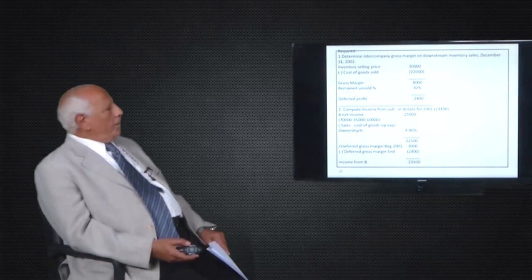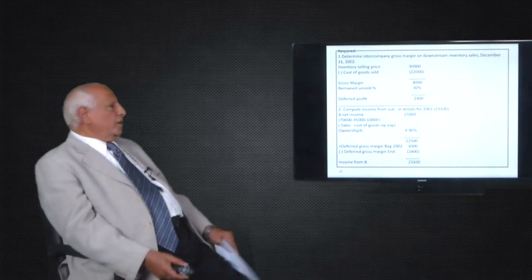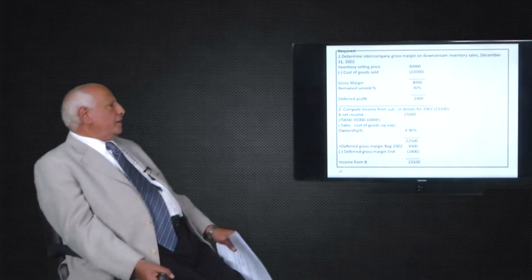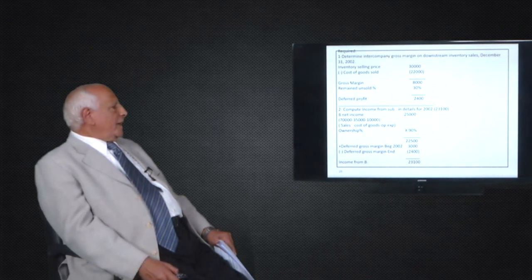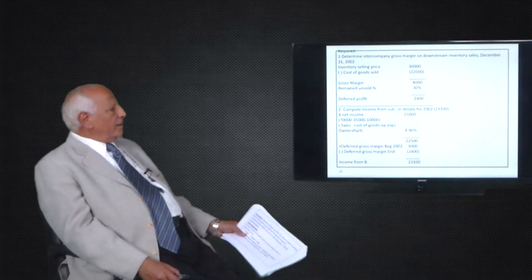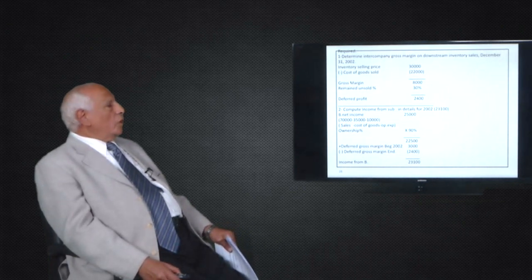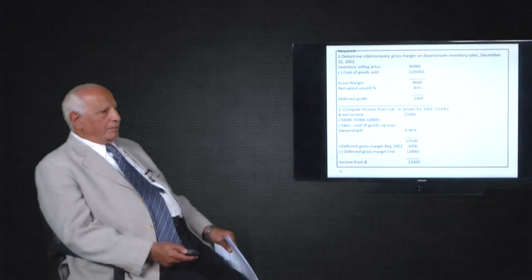Where does this number come from? 70,000 minus 35,000 minus 10,000, which is sales revenues minus cost of goods sold minus operating expenses, multiplied by 90%. After this, add deferred gross margin beginning, deduct deferred gross margin ending, it gives you 32,100. That's what he asks you here. Show me where this number comes from in details. Okay.